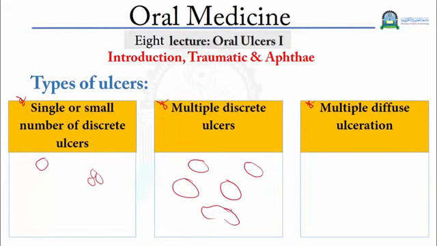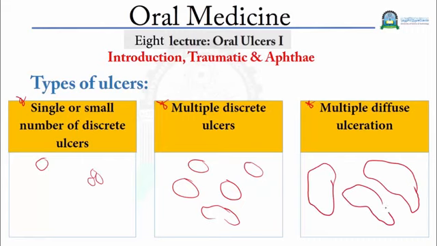Multiple diffuse ulcerations occur in cases of vesiculobullous lesions, with diffuse ulcerations presented in the oral cavity, like the ulcers resulting from vesiculobullous lesions. The single or small number of ulcers are such as recurrent aphthous ulcerations or traumatic ulcers, and the multiple discrete ulcers might be due to herpetic lesions.